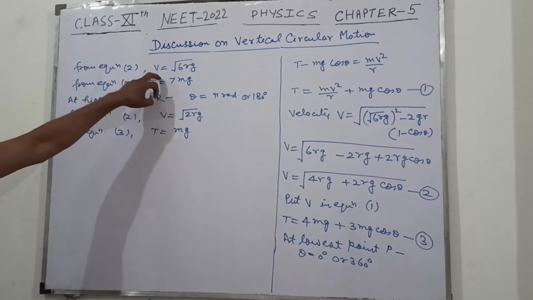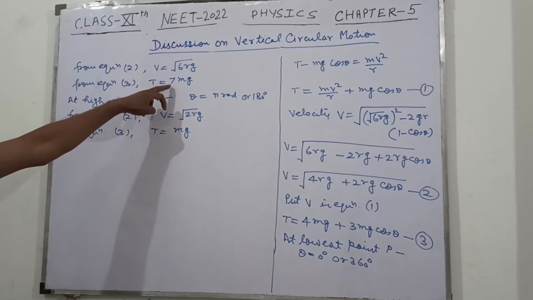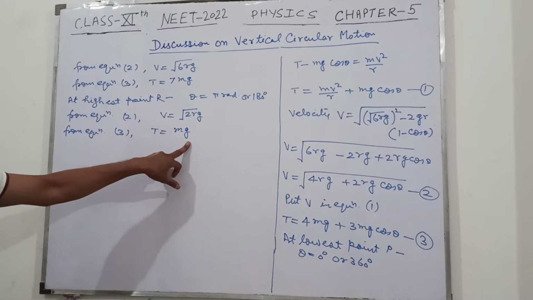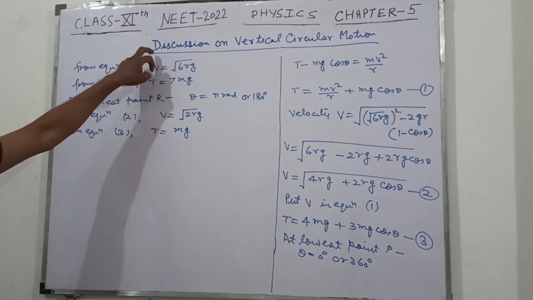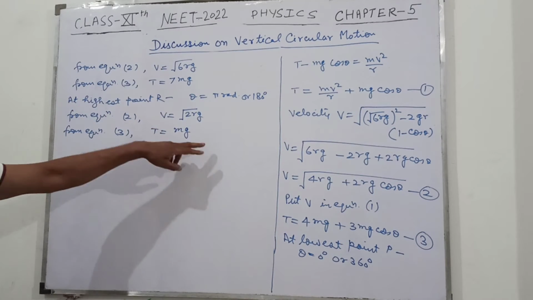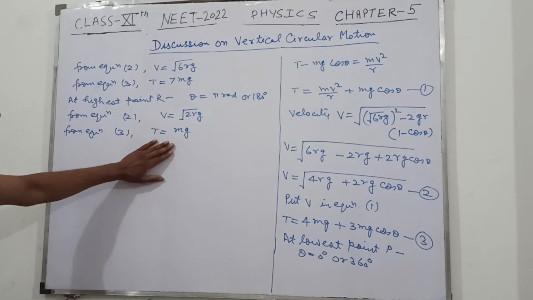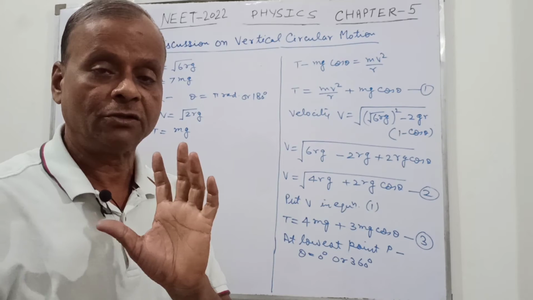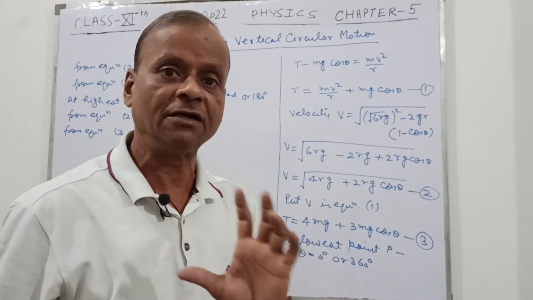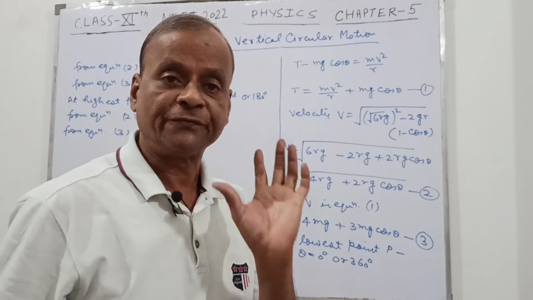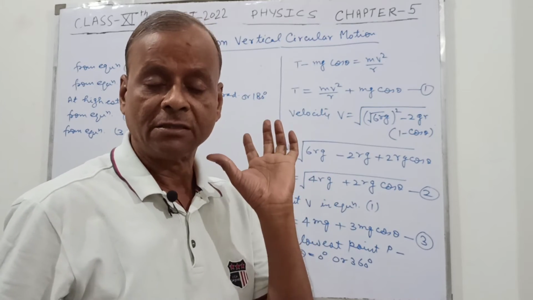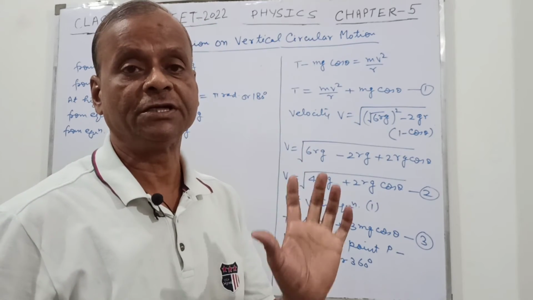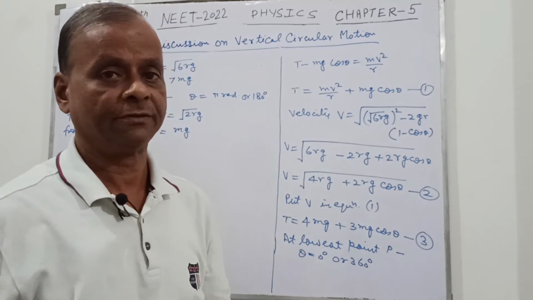Again you get the difference, 7 mg minus mg, this is now 6 mg. So what will happen is that when we are taking the critical case or we are taking the case in general, the difference in tension at the lowest and the highest point is always 6 mg.